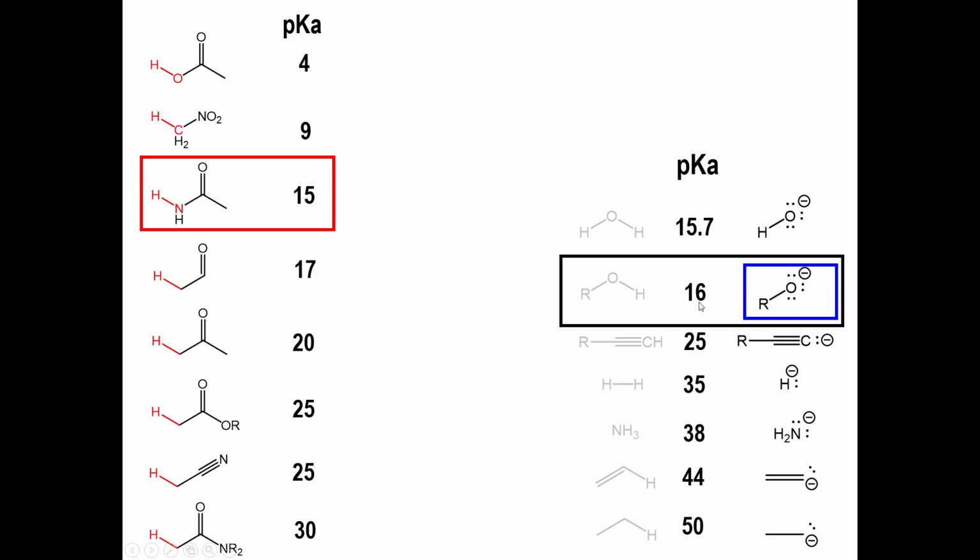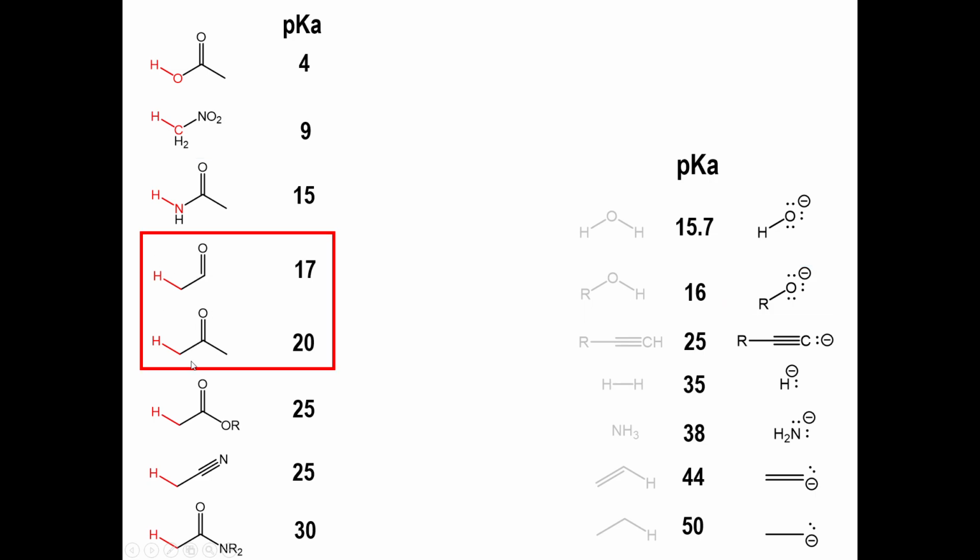Now, mind you, in that scenario the pKa's are very close to each other, so it might not be a full-on complete reaction, but it can still happen. One thing that might prevent that deprotonation is, of course, the size of the alkoxide. The bigger and more sterically encumbered the alkoxide is, the more difficult it's going to be for this deprotonation to happen.